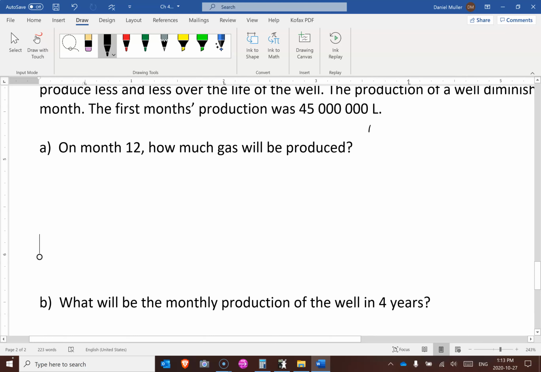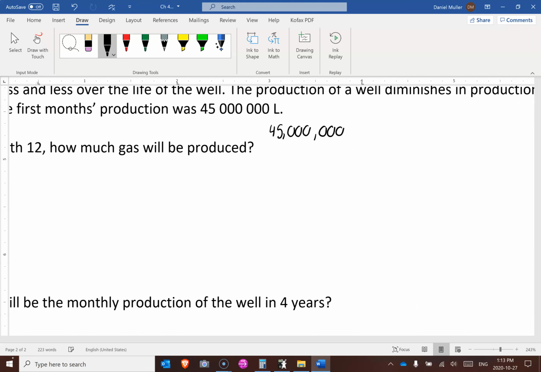So we've got 45 million. That's our first term. Okay. I should get rid of these commas because it's hard to keep track of everything here. The next one, how do we get to it? How do we find out what the next is? If we're losing 5%. Well, losing 5% is the same thing as keeping 95%.